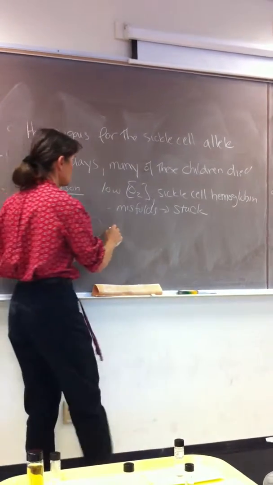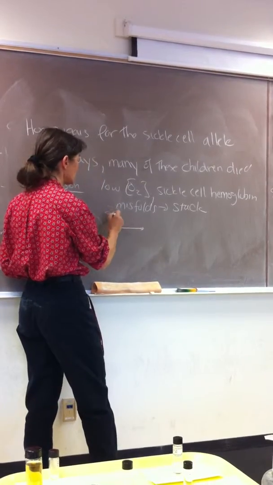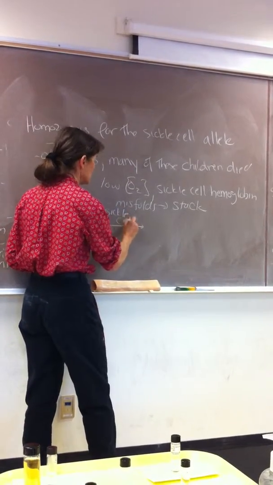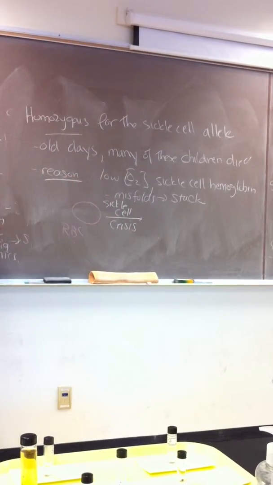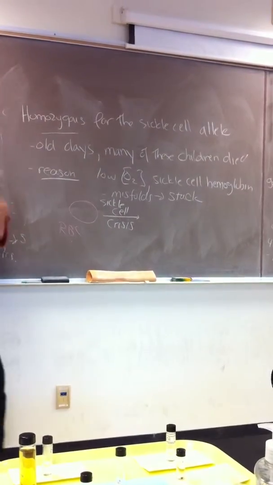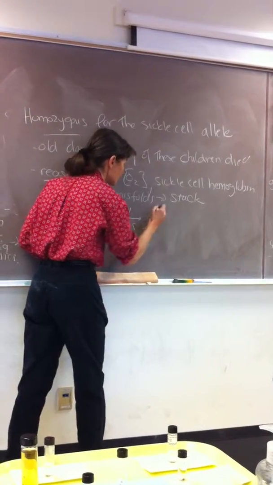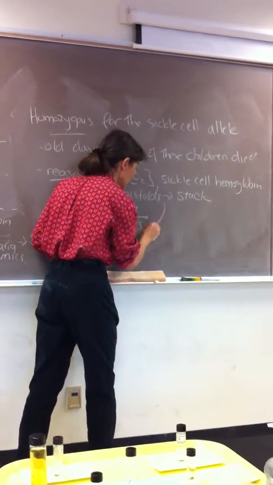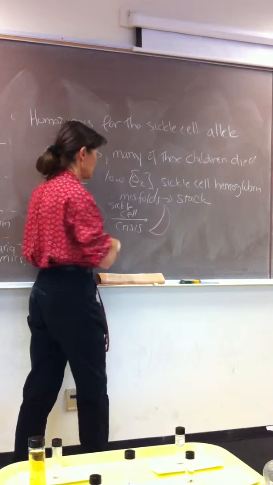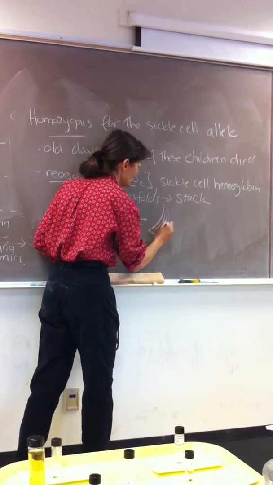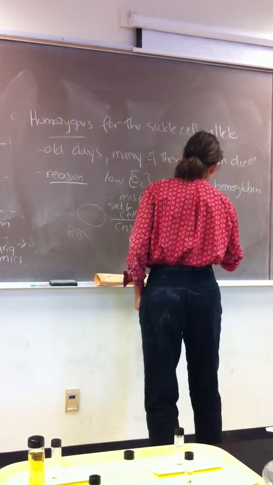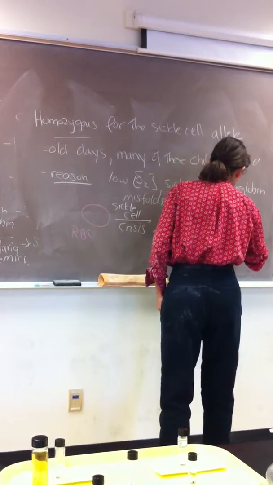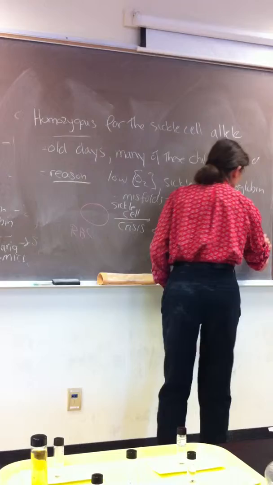But what happens if we have a sickle cell crisis, when the mutant hemoglobin misfolds, it stacks. And it can cause these long filaments that cause distortion of the red blood cells. These little lines are just supposed to represent the stacked hemoglobin.